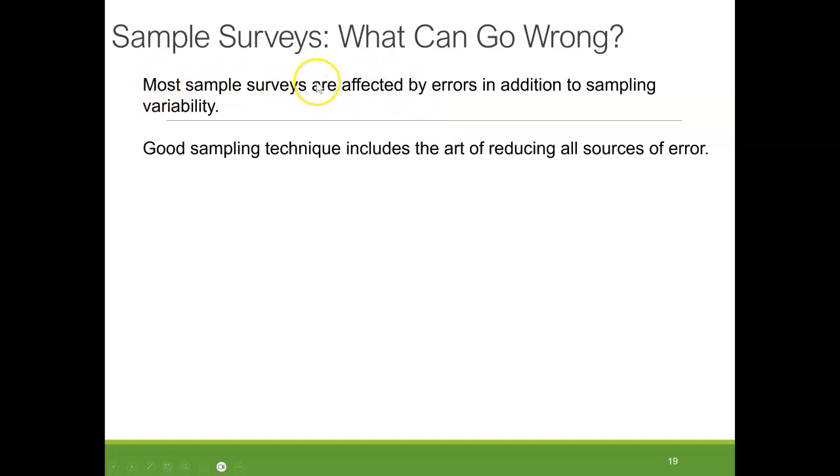So with sampling surveys, depending on how you ask your questions, you can introduce bias. If I ask, do you agree that McDonald's is the worst restaurant in the world?